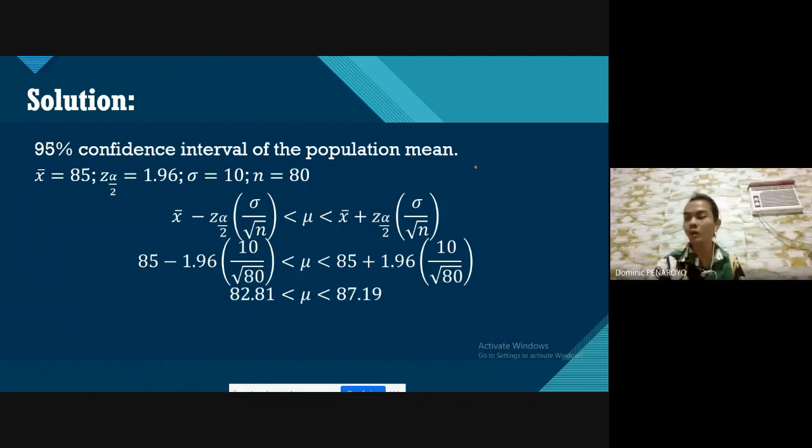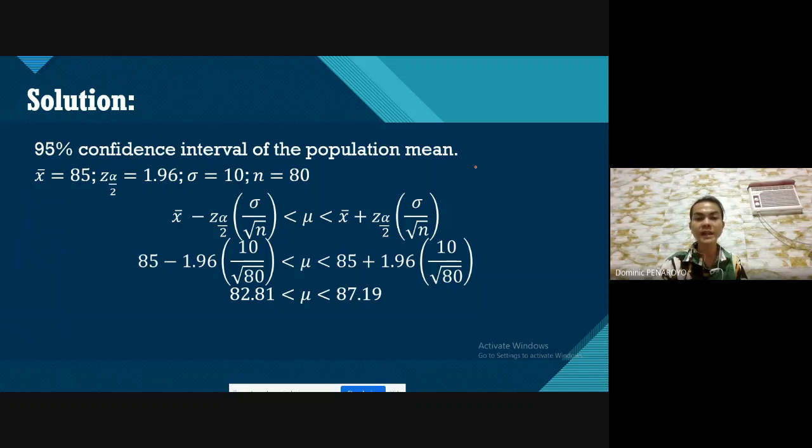Now, using your calculator, you will have approximately 82.81 for the lower limit and 87.19 for the upper limit. This is not yet the final answer. We will apply the rounding rule for the confidence interval.